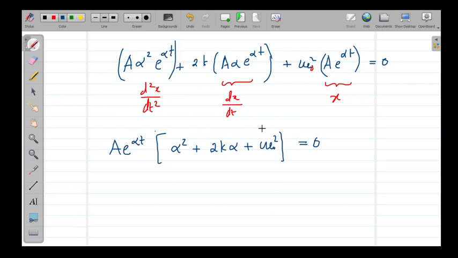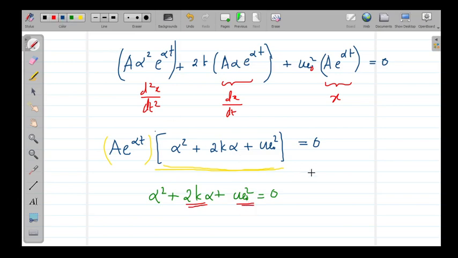This is equal to 0. If this equation has to be 0, the only possibility is that the second term of the product is 0, because the first term cannot be 0. So equate that to 0: α² + 2kα + ω₀² = 0. In this equation, alpha is the unknown variable, and 2k and ω₀² are constants for a particular system.